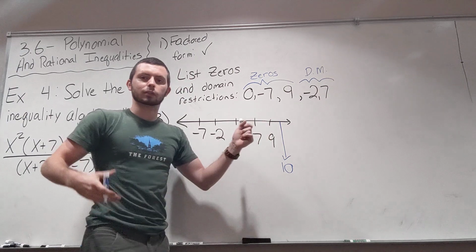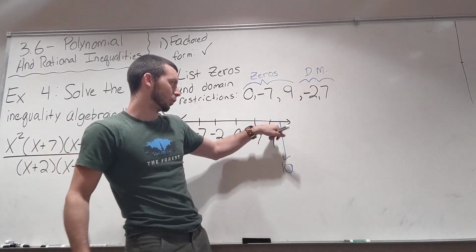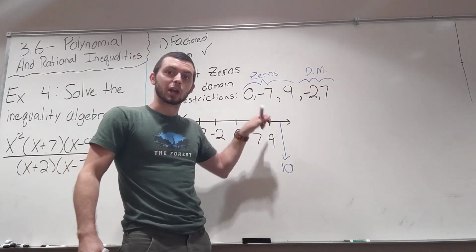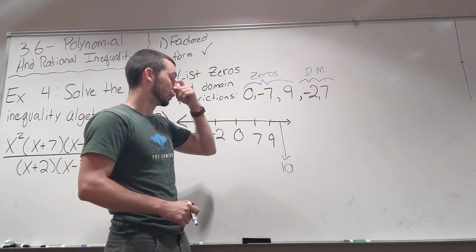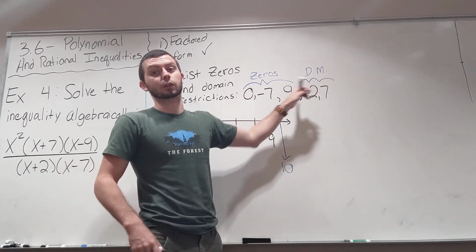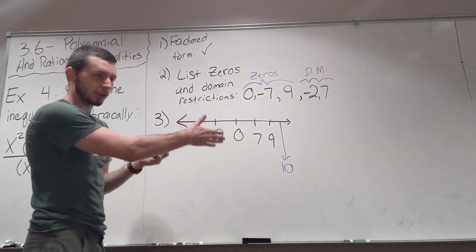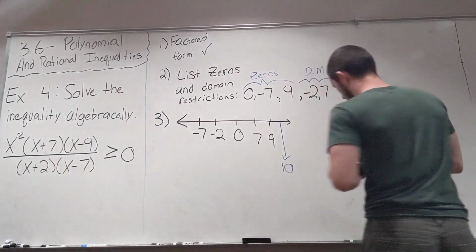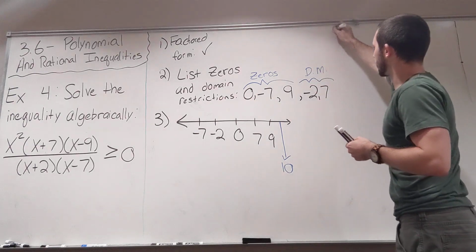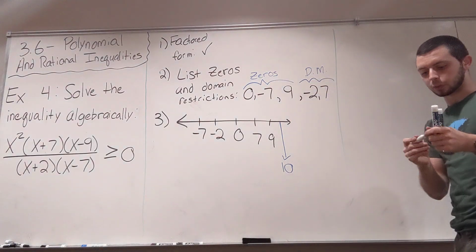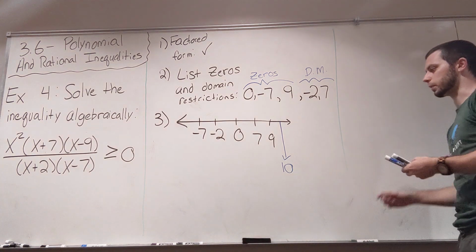So I would suggest you always pick one number from the far rightmost segment, which is, in other words, pick the number that is the largest or larger than all of these. And so the 10 is now going to be what we plug into the original expression over there and see what the sign of the output is going to be.